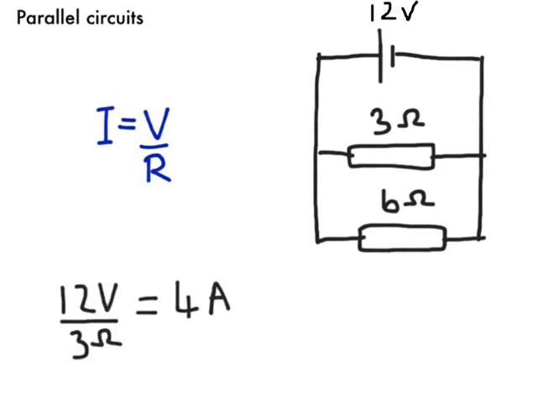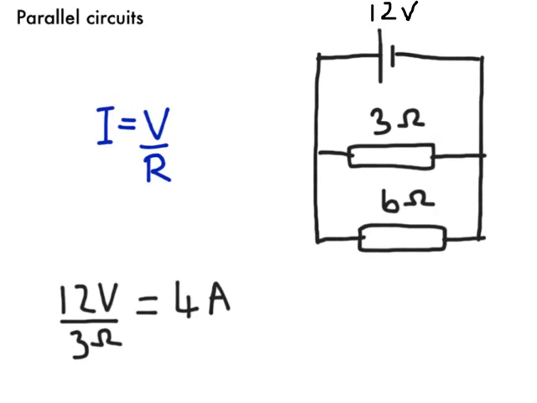So that's going to give me 12 volts, because that is the potential difference of the power supply, and in a parallel circuit that potential difference is seen across all components in the branches. Okay, so we've got 12 volts divided by 3 ohms, that's the resistance, which tells me that flowing through this branch there's a current of 4 amps.